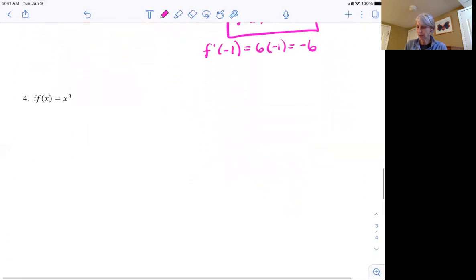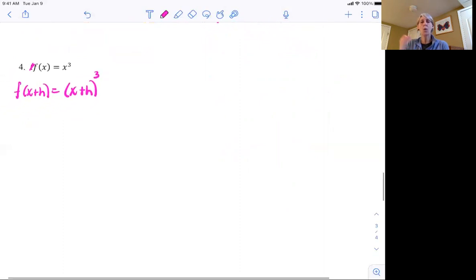Okay. This one's going to be a little bit annoying. Oh, I got a little extra f there. F of x equals x cubed. Again, we have to find f of x plus h first. This is not going to be fun. And in a couple of days, we're going to learn a shorter method. But for right now, this is what we have to use. F of x plus h.